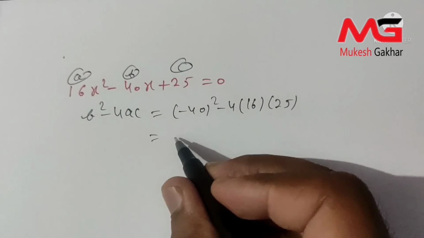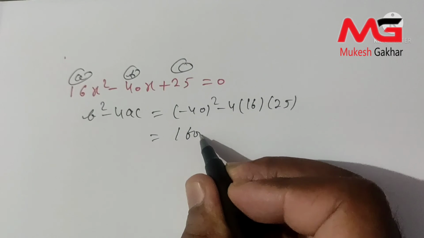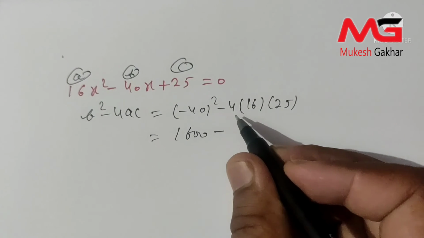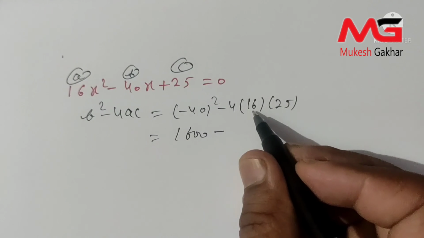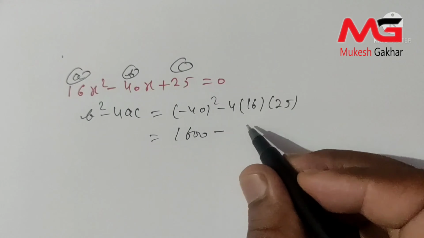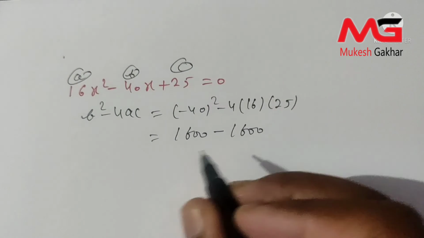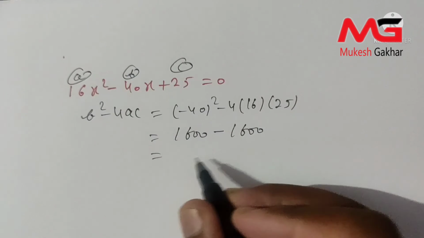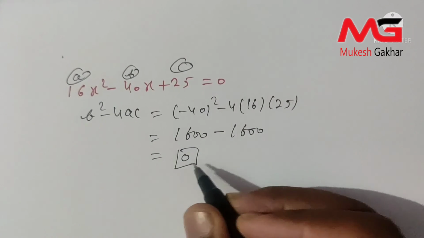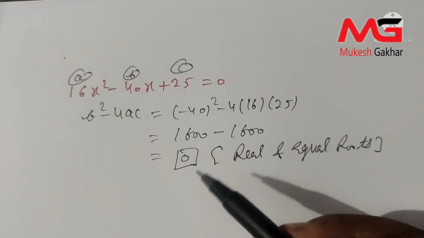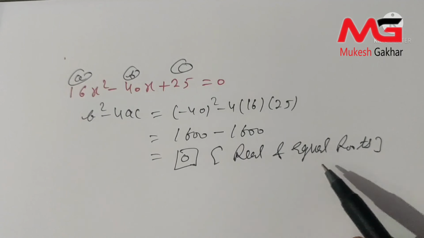So minus 40 whole square is 1600. So minus 4 into 16 is 64. 64 multiplied by 25 is 1600. So 1600 minus 1600 is 0. So when you are getting answer 0, you can say that real and equal roots.